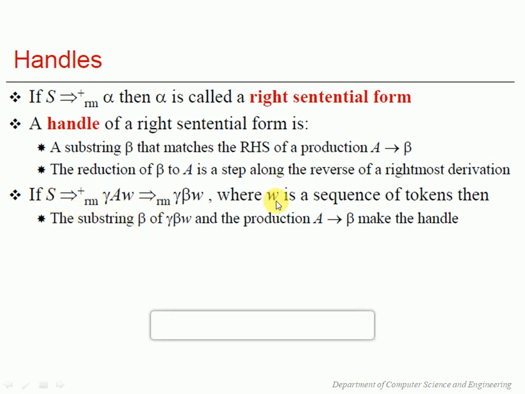W is a sequence of tokens, and the substring beta of gamma beta w and the production A gives beta make this beta the handle of this particular sentential form. In the bottom up parsing technique, you will be traversing from gamma beta w to gamma A w. So for beta to be identified as a handle, this condition has to be there.